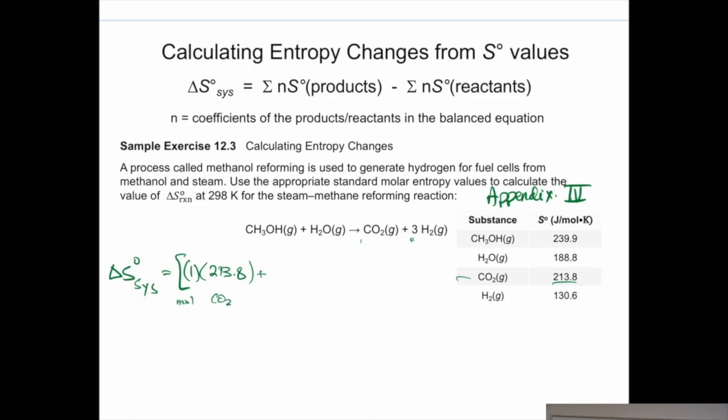We're going to add to that 3 moles of the standard molar entropy for hydrogen gas, which is 130.6 per mole, and we have 3 moles of that. So this is 3 moles of H2, and that's all of the products.